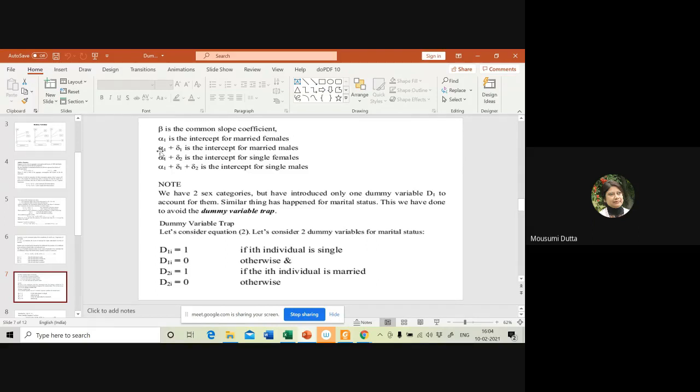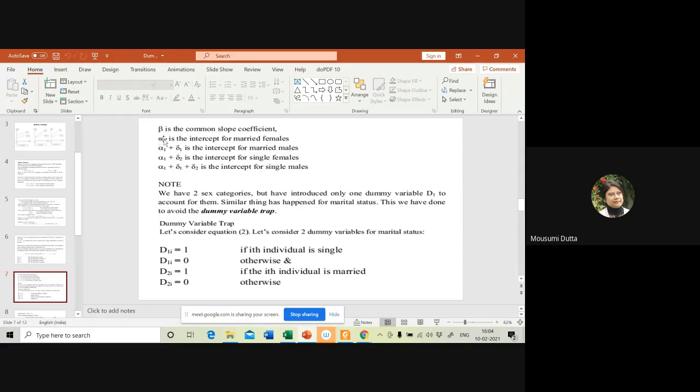So I hope you are finding that if all the dummy variables are equal to 0, you are getting back the intercept of the original model. And this intercept is presenting the intercept of one particular category. And then adjusting that value, we are getting the intercepts of the rest of the groups.